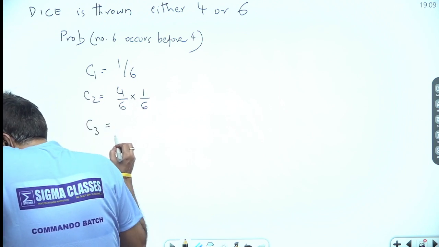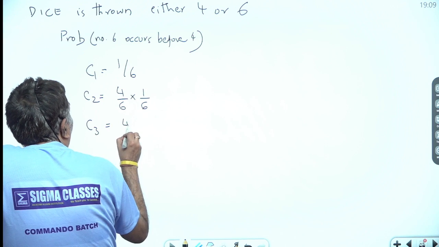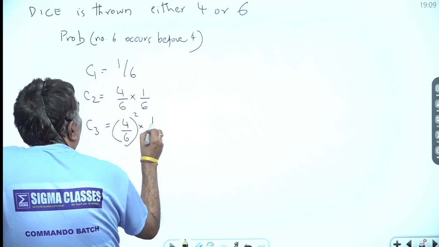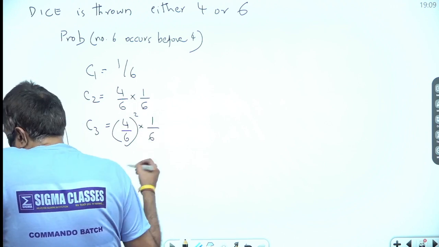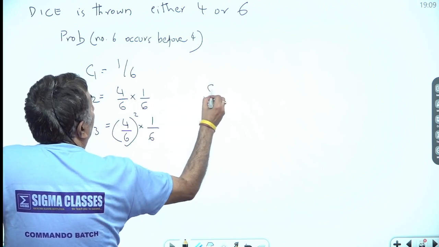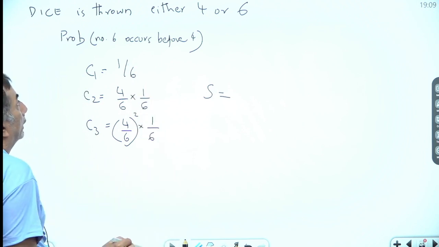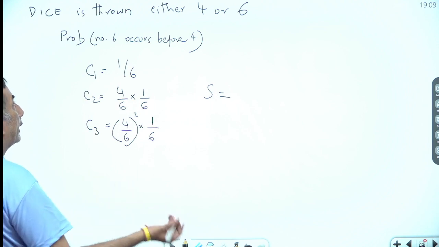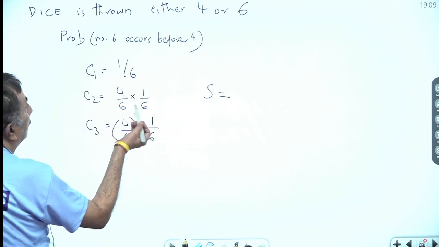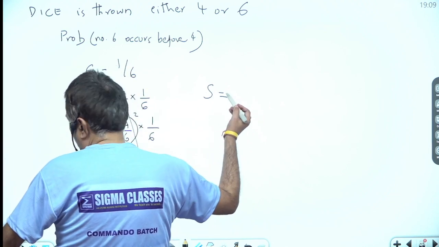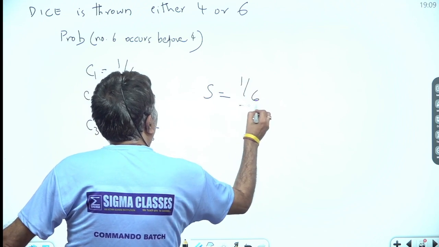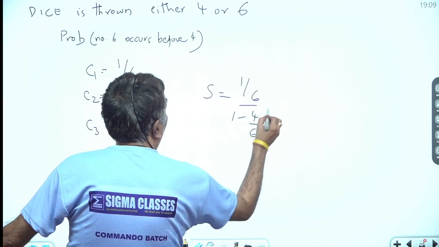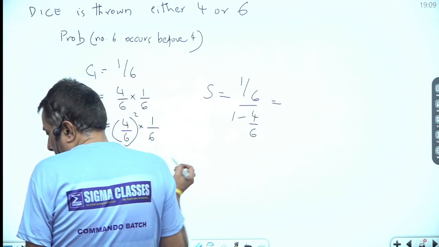Case 3 will be so. Are you understanding that 6 or 4 comes, then game stops, and the sum will be 1 by 6 upon 1 minus 4 by 6, which will be the answer.